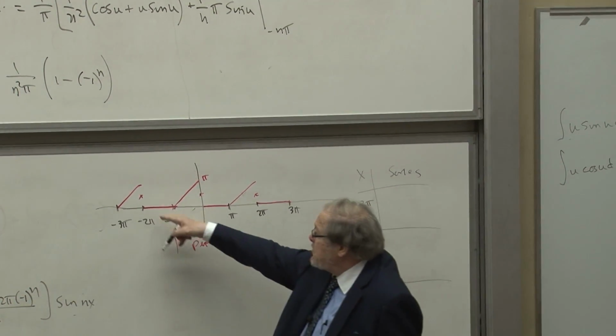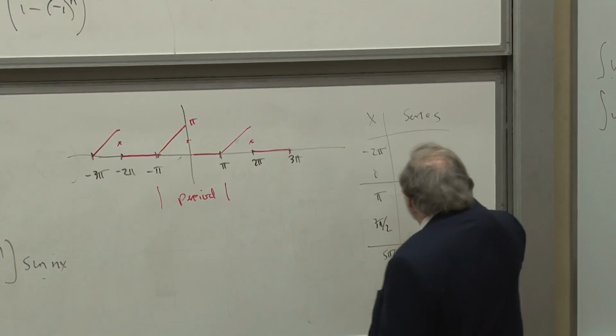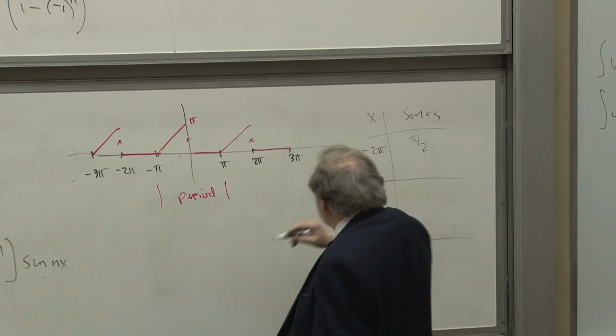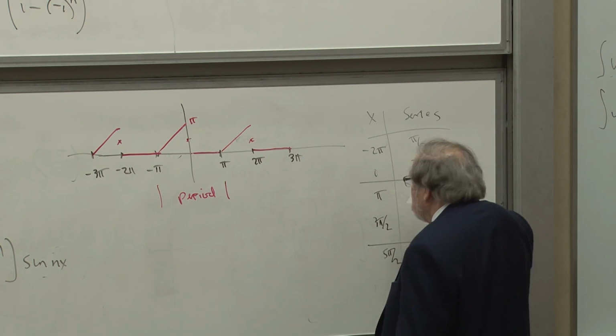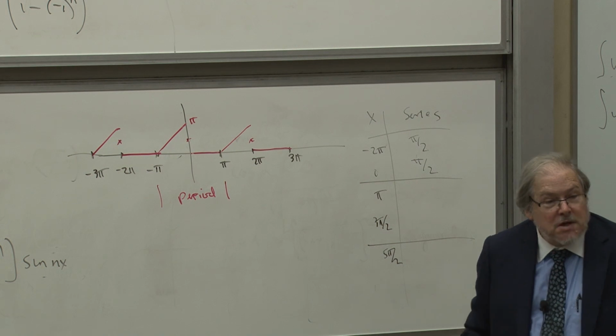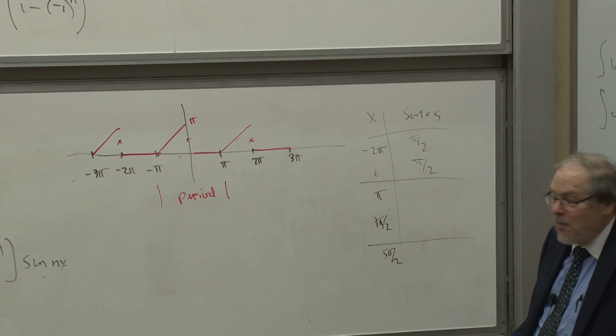Negative 2 pi, that's a place where there's a jump. It jumps from 0 to pi, so halfway, this one's pi over 2. At 0, there's another jump, pi over 2. So this is an example where guessing all zeros didn't work, and that's more like the norm.